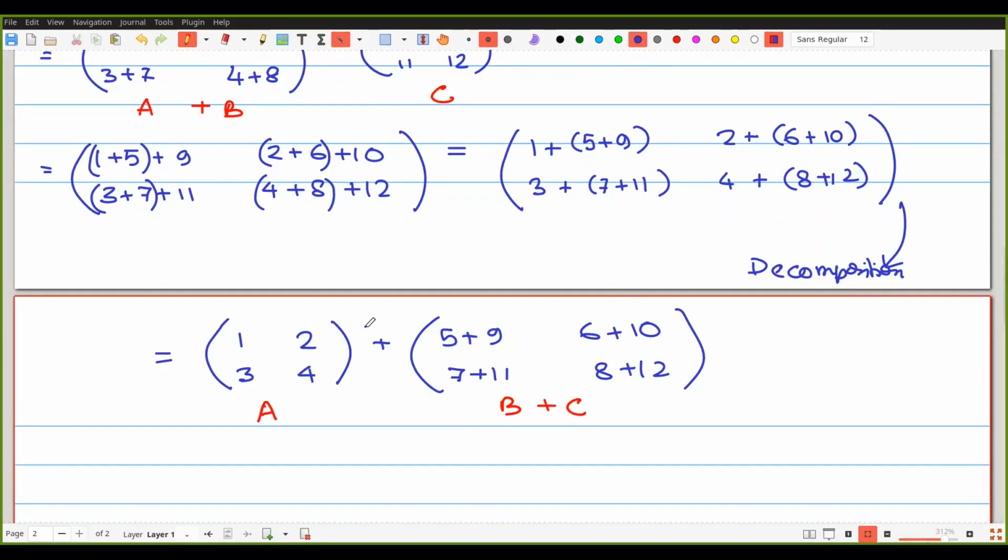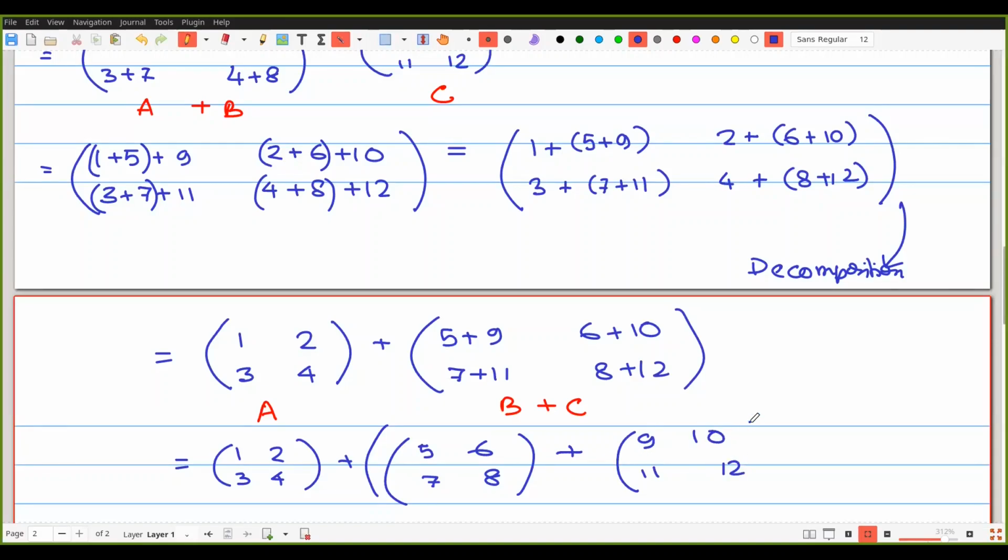So we can once again write 1, 2, 3, 4 plus 5, 6, 7, 8 plus 9, 10, 11, 12.